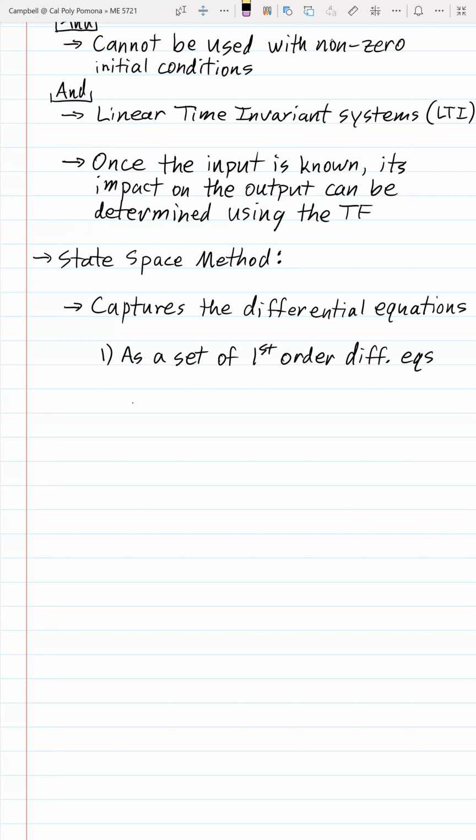And of course, what does that mean? That means that there are no derivatives higher than first order.